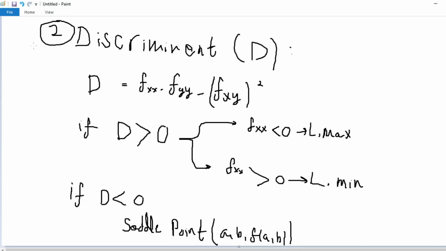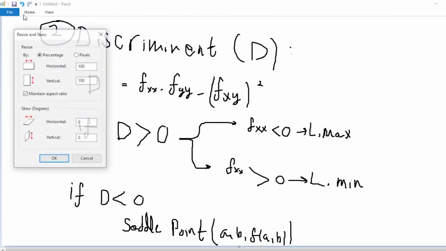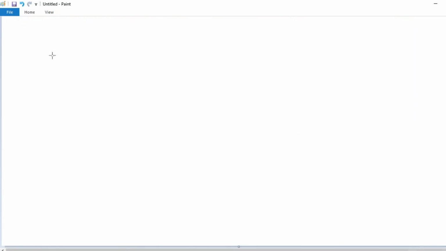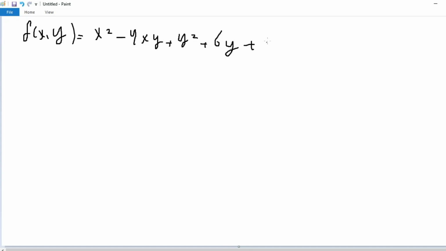So let me give you a simple example to clarify everything. The first example says: f of x comma y is equal to x squared minus 4xy plus y squared plus 6y plus 2.